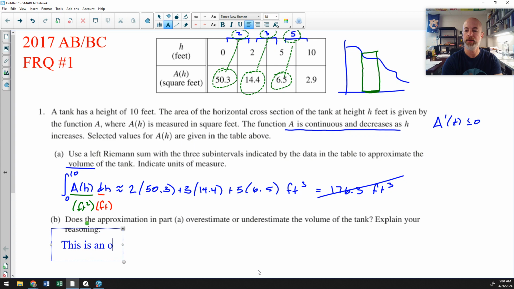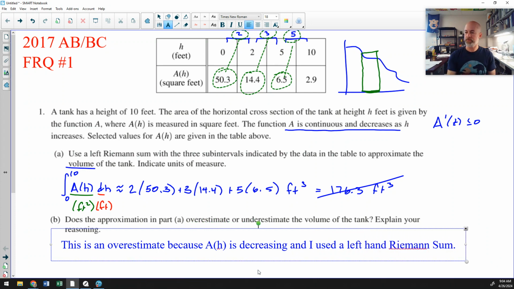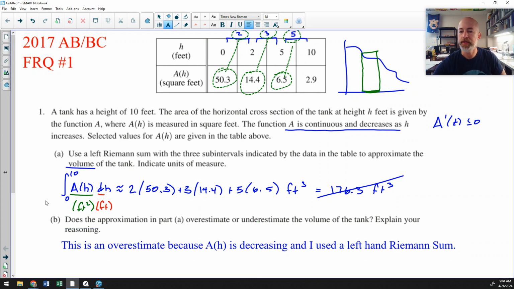This is an overestimate because A of H is decreasing, and I used a left-hand Riemann sum, and that's good enough. That's good enough for the explanation for why this is an overestimate.